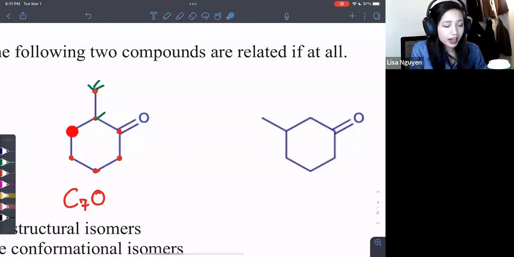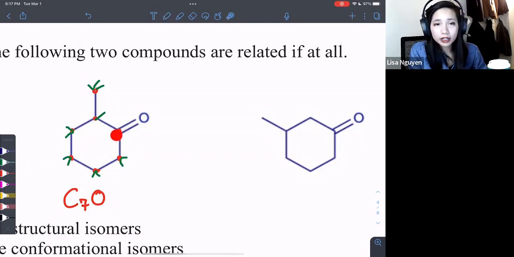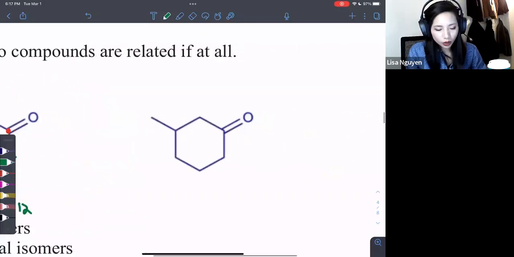Actually, all 4 of these carbons along the ring have 2 hydrogens. Then this carbon, the carbonyl carbon, does not have any hydrogens because there are already 4 bonds, 2 of them coming from the double bond. That carbonyl carbon has no hydrogens, and that's it. So there's a total of 12 hydrogens. So H12.